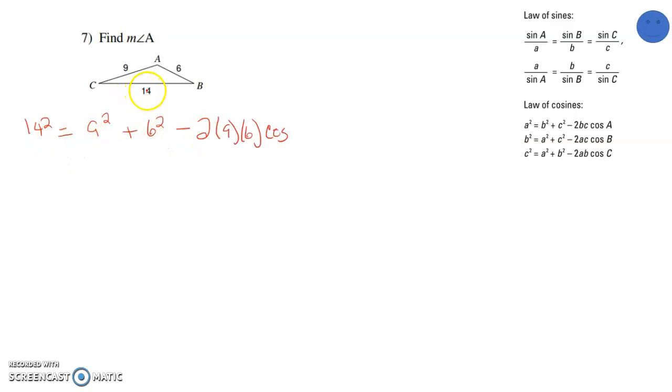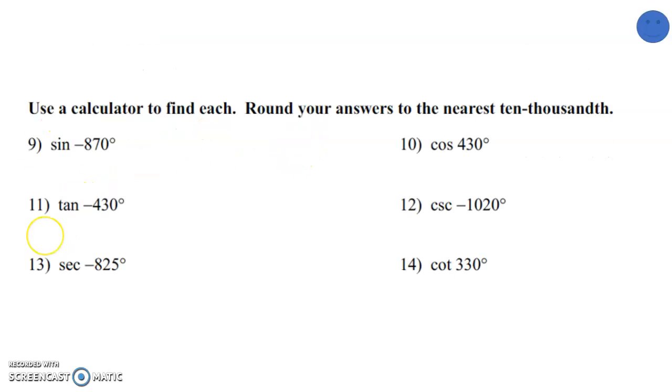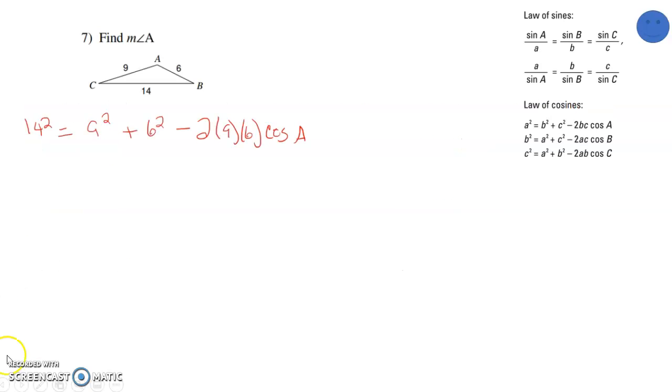Remember, we did A, so it's going to be the cosine of A because it has to be bookends. This is A squared and this is cosine A. All right, let's go do these calculations.